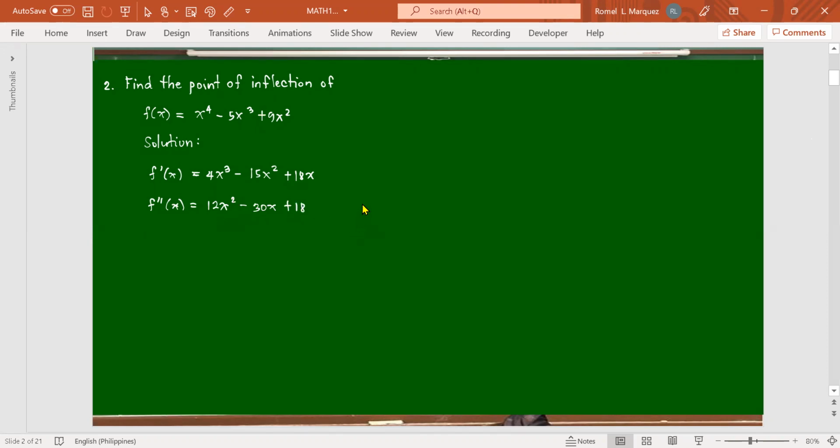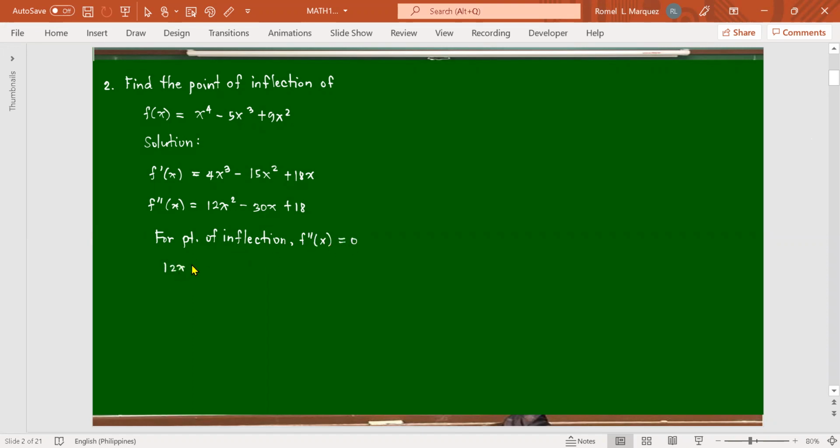Okay? To get the point of inflection, we're going to equate this to 0. For point of inflection, f double prime of x must be 0.